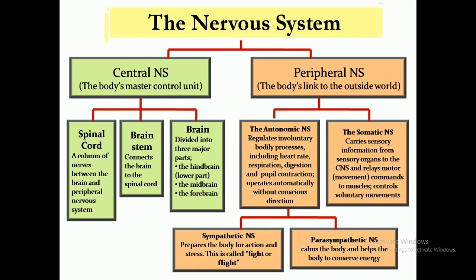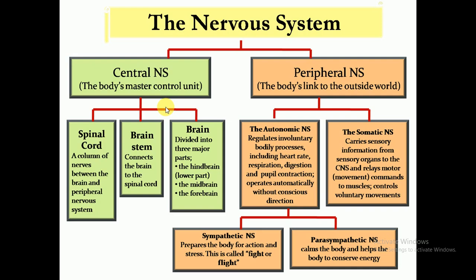Now come toward the organization of the nervous system, how the nervous system has been organized. The nervous system is classified into two categories. The first one is the central nervous system, and the second one is the peripheral nervous system.